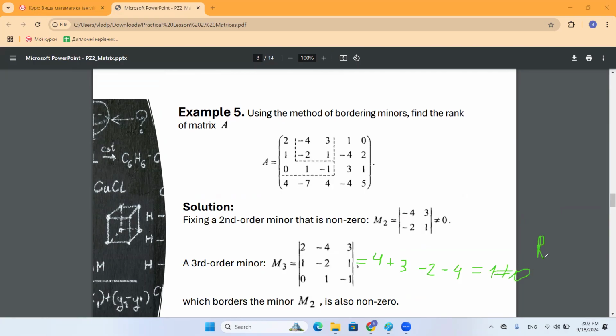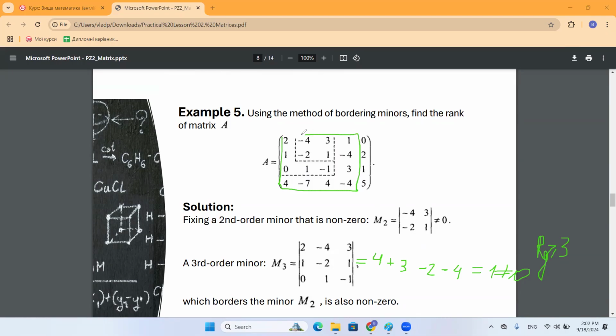So the rank of A is greater than or equal to 3. But what would the maximum possible rank be equal to? 3? 4. Yeah, so 4 is the maximum possible for this matrix.